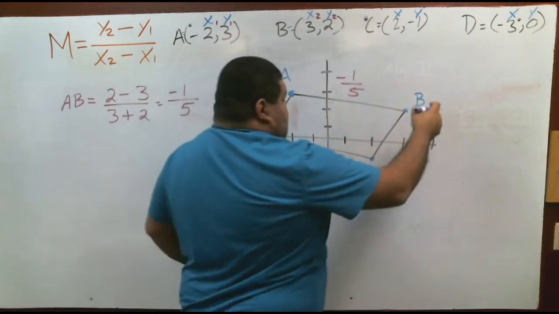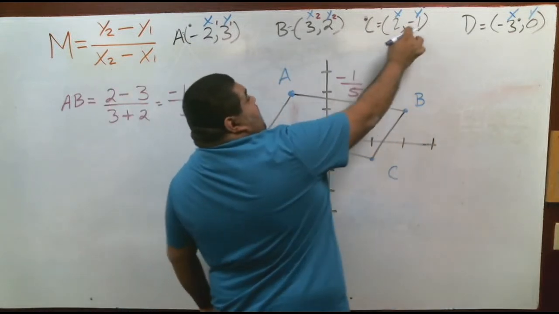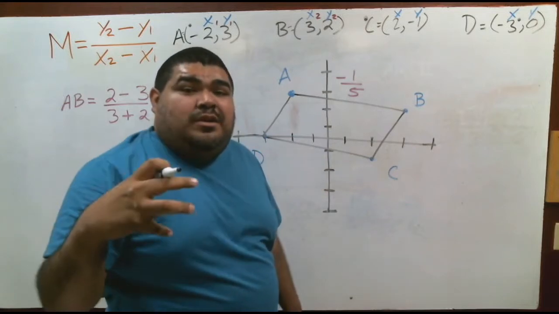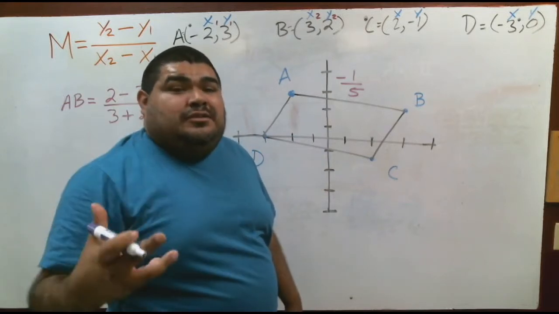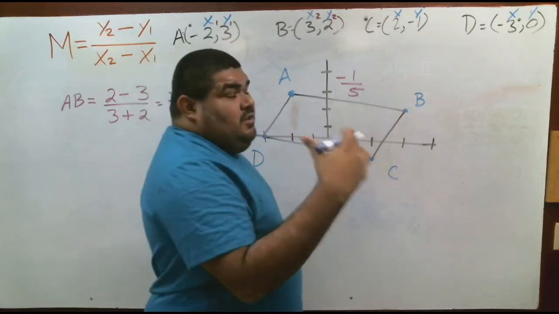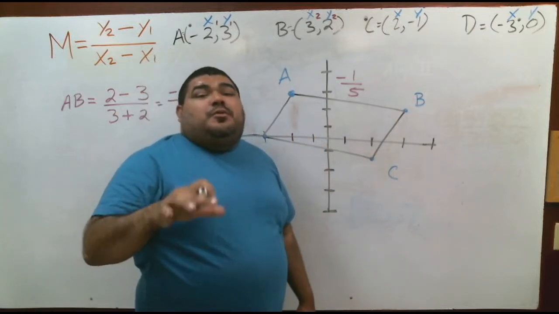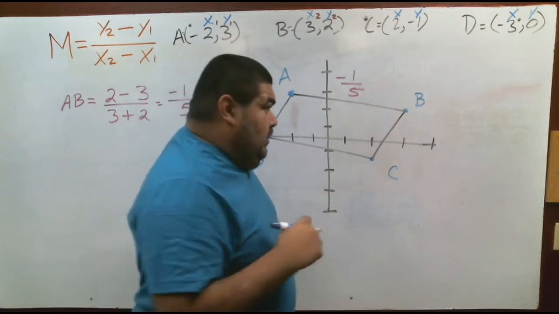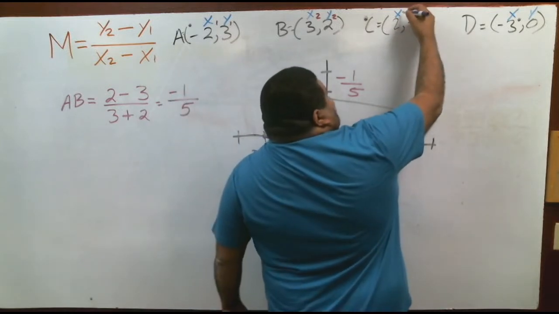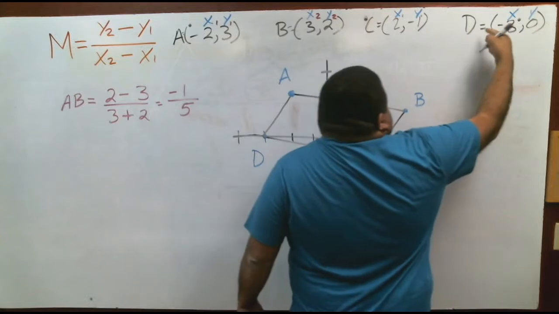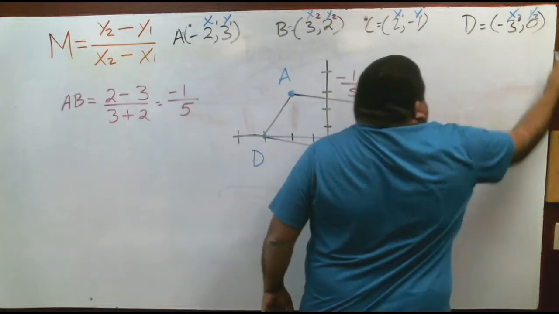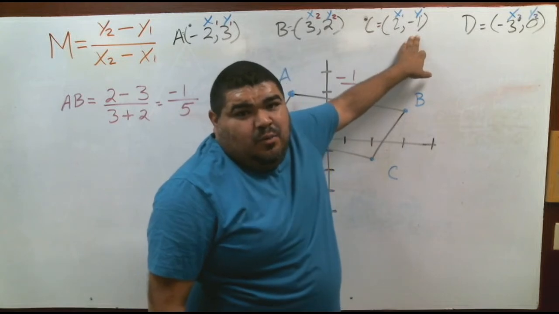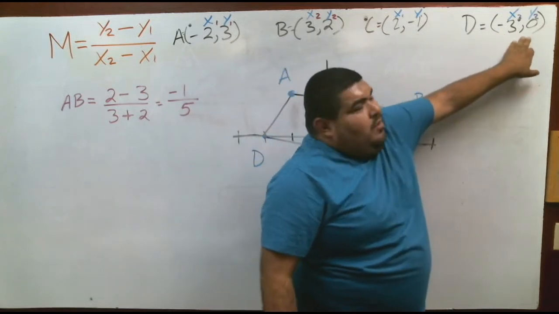So that means that for C is 2 and negative 1. Again, it really doesn't matter which one you use as x1, y1, which one uses x2, y2. As long as, again, you use both of the terms, x and y, as the same number. Ones or twos. I'm going to use C as ones, D's as twos.